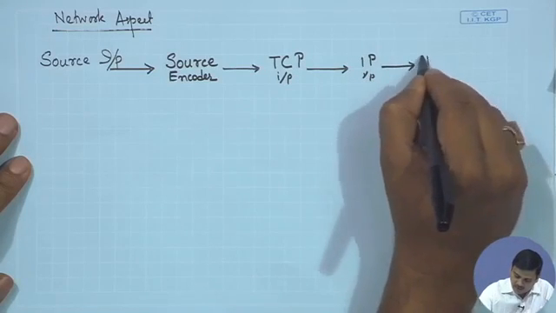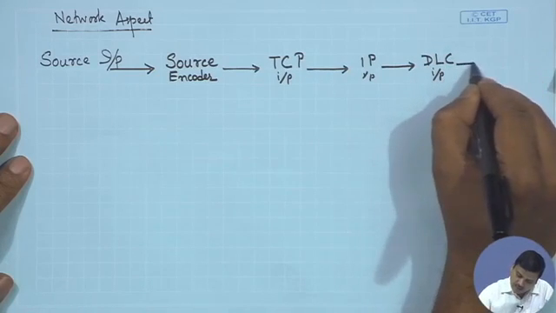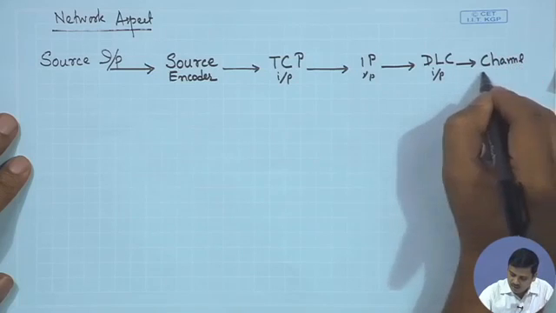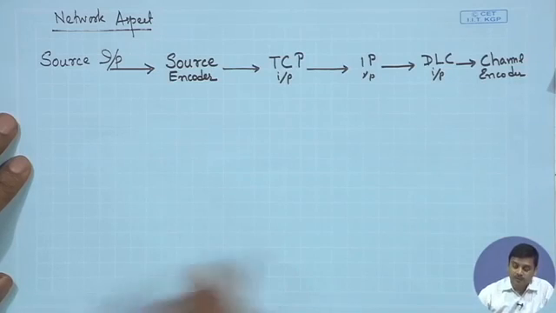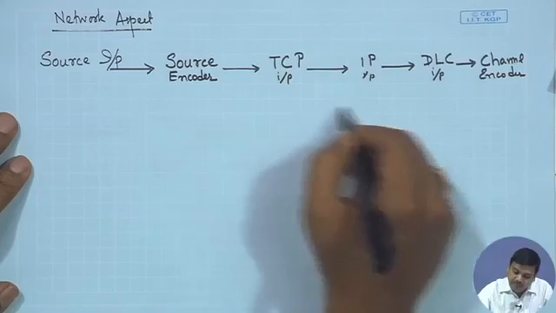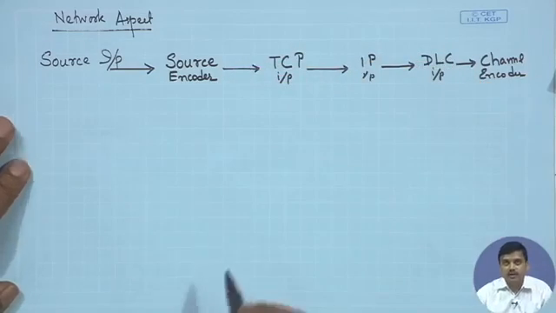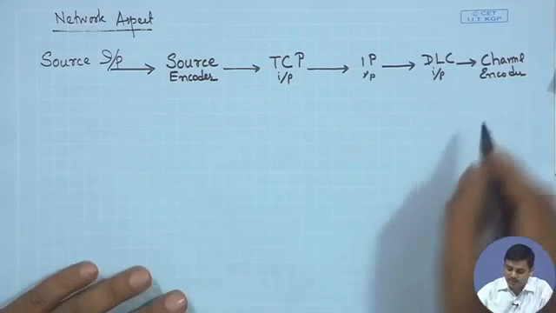Then again you have the data link controller input, and finally it goes to the channel encoder, right. When we wrote channel encoder earlier, we did not mean these things, but they could become part of the channel encoder in our earlier diagram, and this is generally what happens.